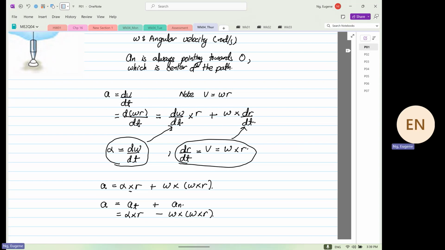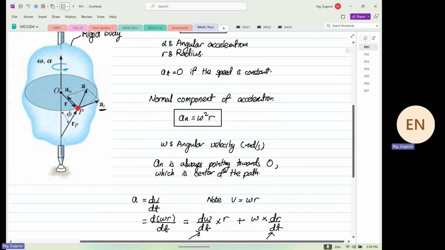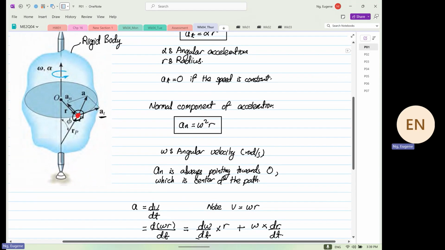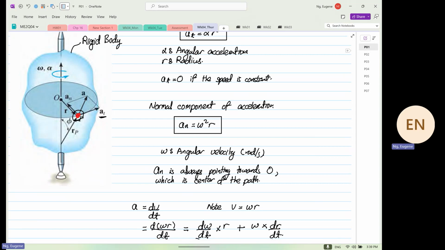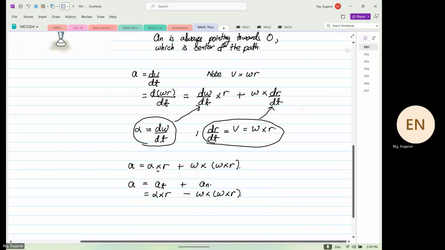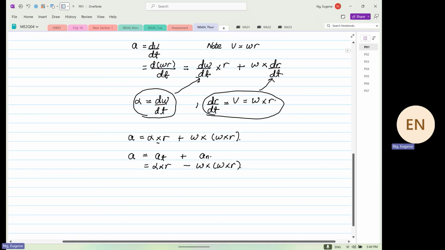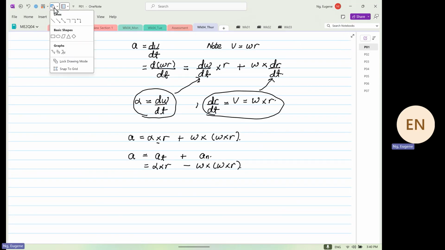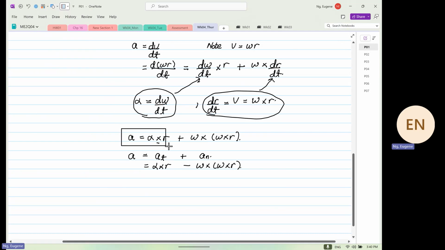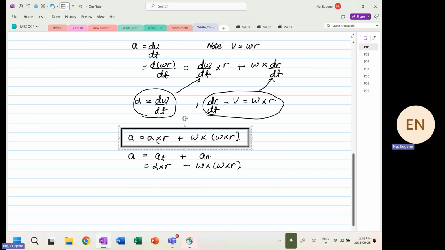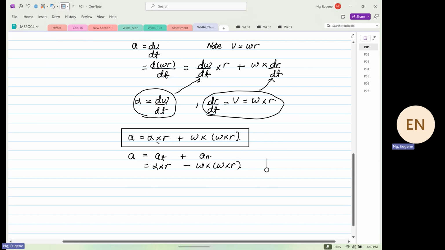Why it is minus is because AN is pointing towards which direction? Into the center. Pointing out from the center is positive, pointing towards is negative. Are we clear? So if you ask me which formula to focus on, I would say focus on this formula more than anything else. Okay. On that context, we both know our tangential and our normal acceleration.